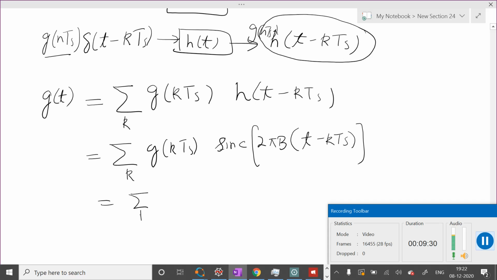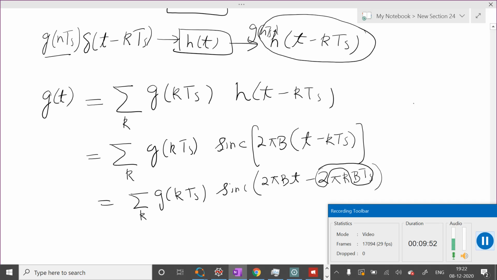Since we are sampling exactly at the Nyquist rate, it is sinc of 2 pi Bt minus 2 pi kBTs. Here 2BTs will be 1, because 1 over Ts is 2B; we are sampling at the Nyquist rate.